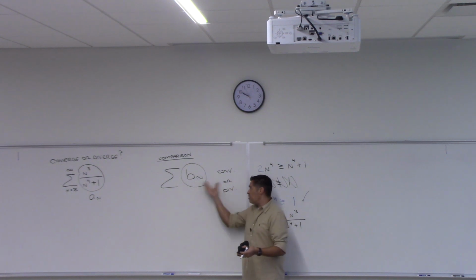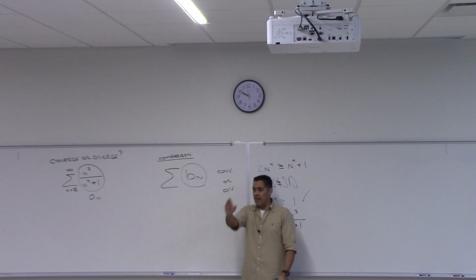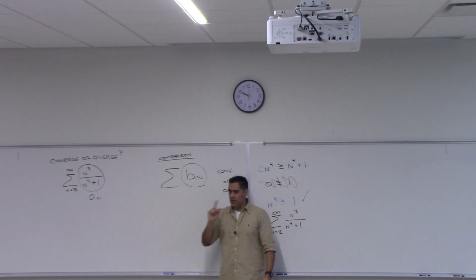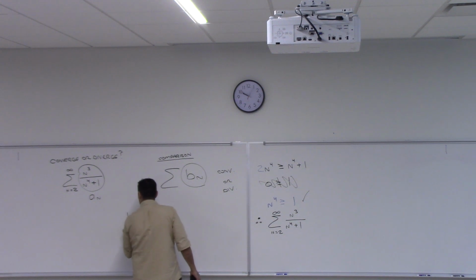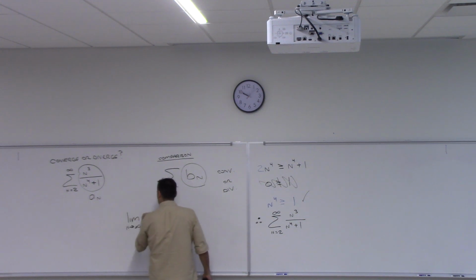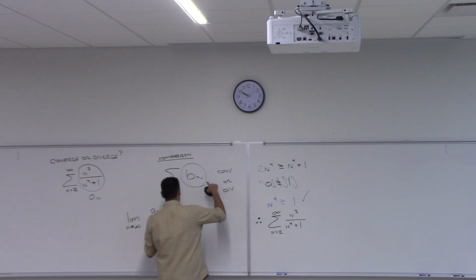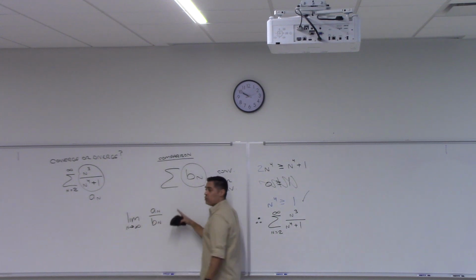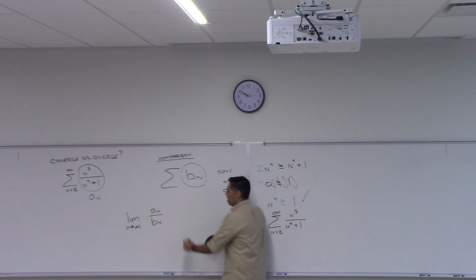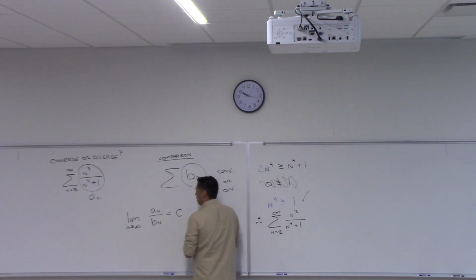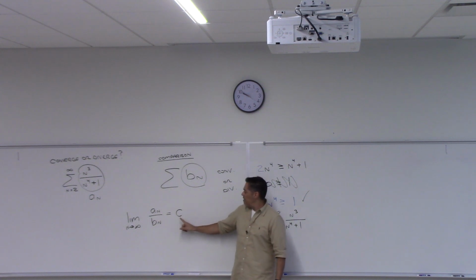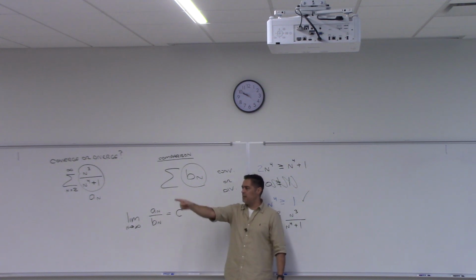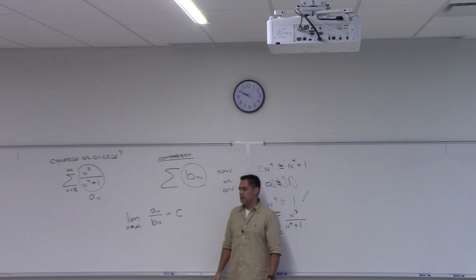We still have to figure this out on our own, but forget the inequality that might be confusing you. What you're going to do instead is take the limit as n goes to infinity of that sequence over that sequence. And what you're going to hope for is that this turns out to be a constant, C. Now, when I say constant, it's not just any constant. C must be a positive real number.